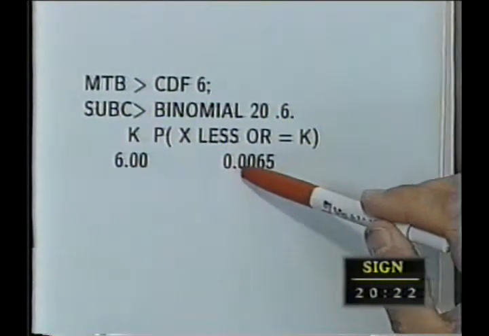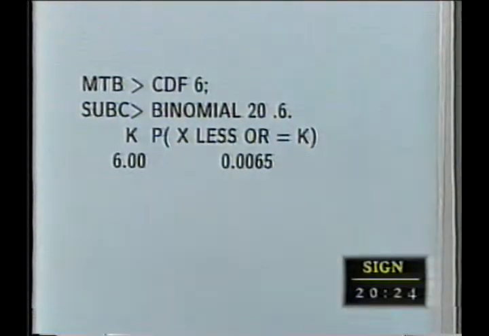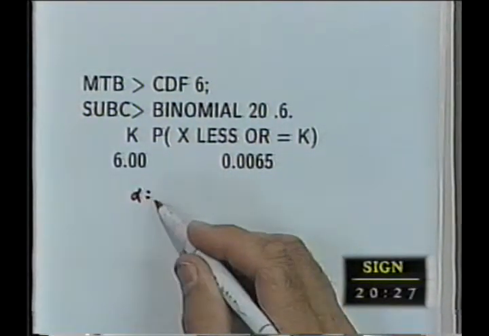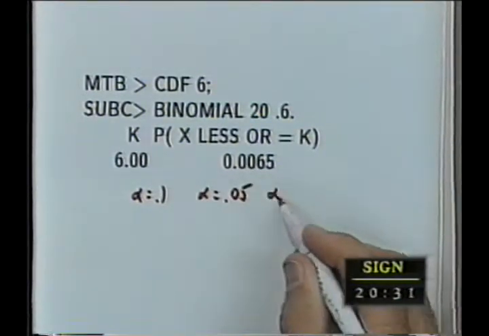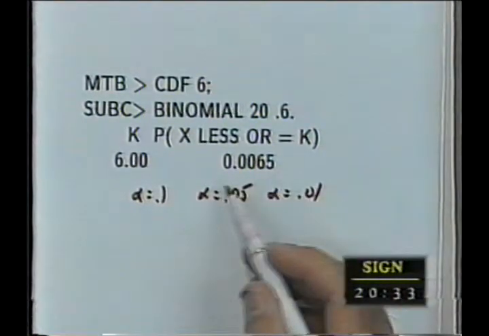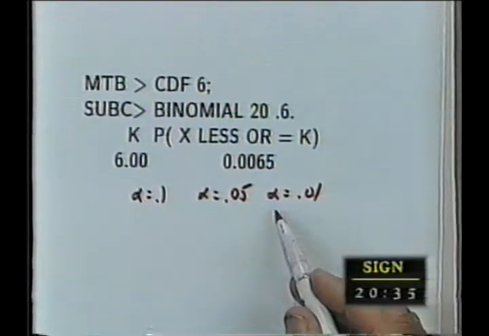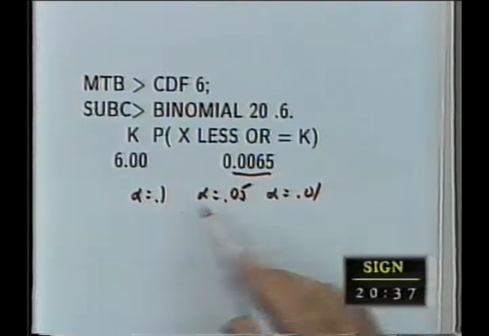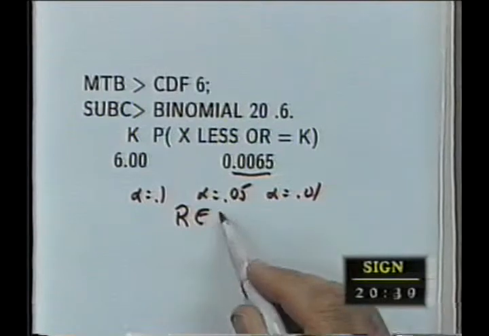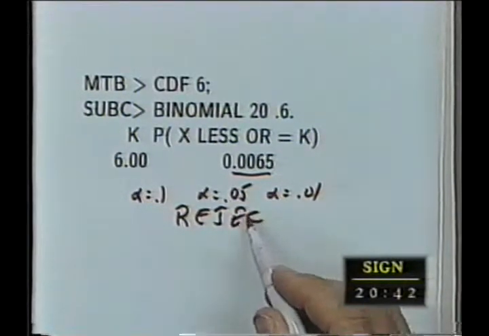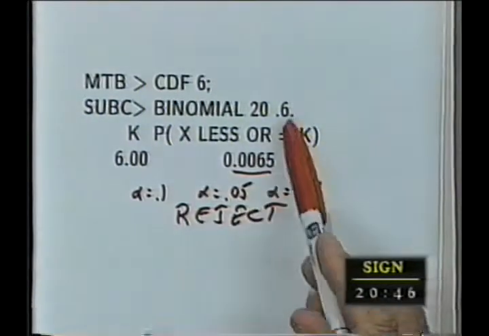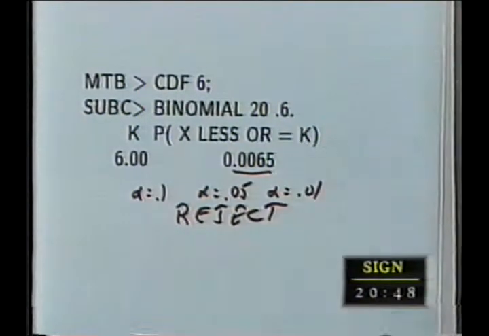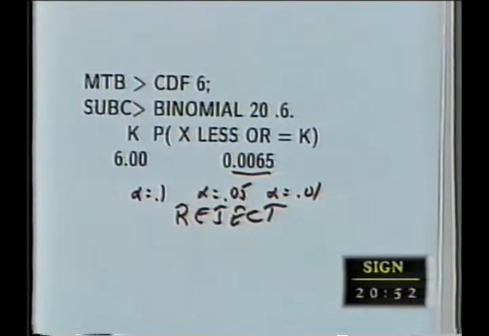It turns out to be 0.0065. And for the size of a test, 10%, 5%, 1%, all these are larger than that, and for all of them, I can reject. So if they were to say that they're 60% of the student body, I would reject at any reasonable level and say, sorry, there's just no way we can accept that.